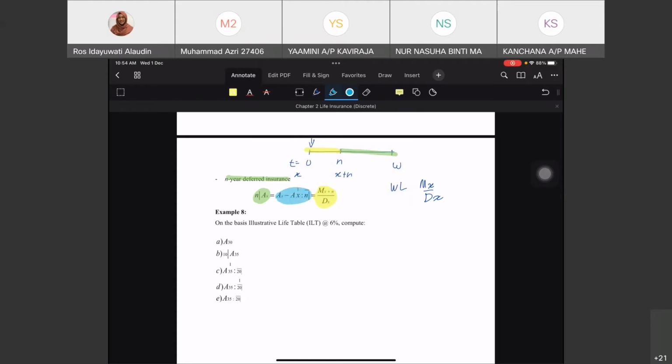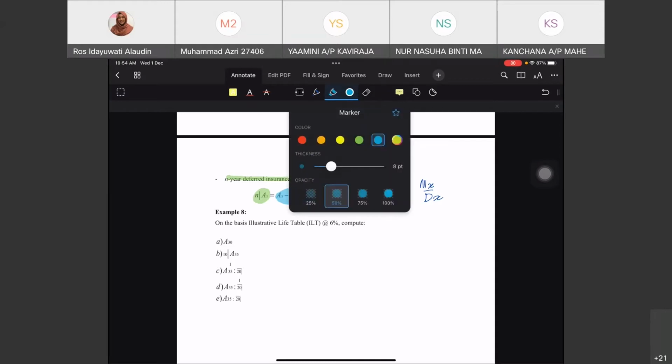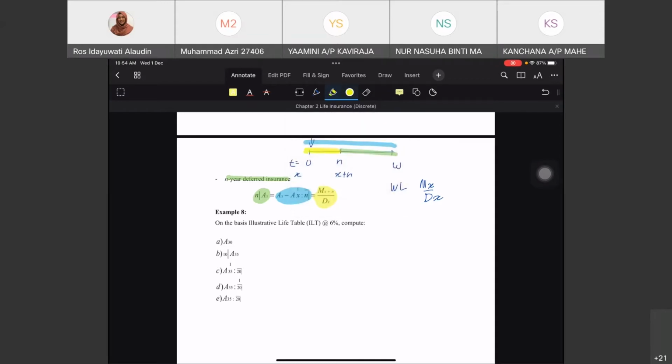This is the alternative equation to get the deferred insurance, where we can also take whole life insurance minus n-year term insurance to get the deferred. Because the whole life is starting from 0 to omega, so we take all and subtract the n-year term. The n-year term is before n years, so we will get the deferred here.